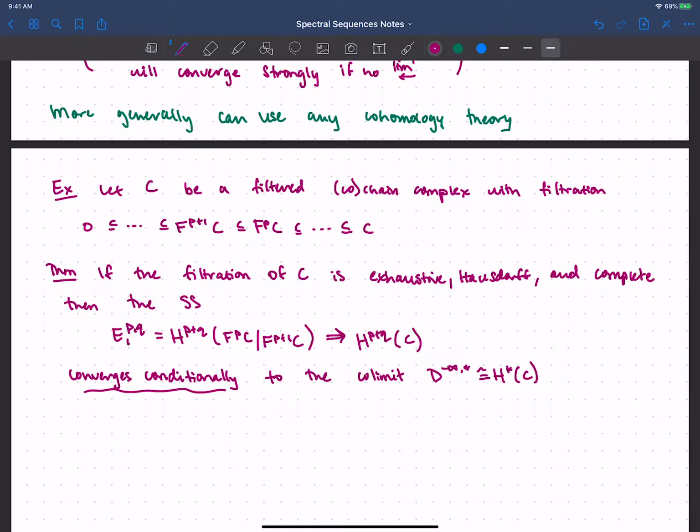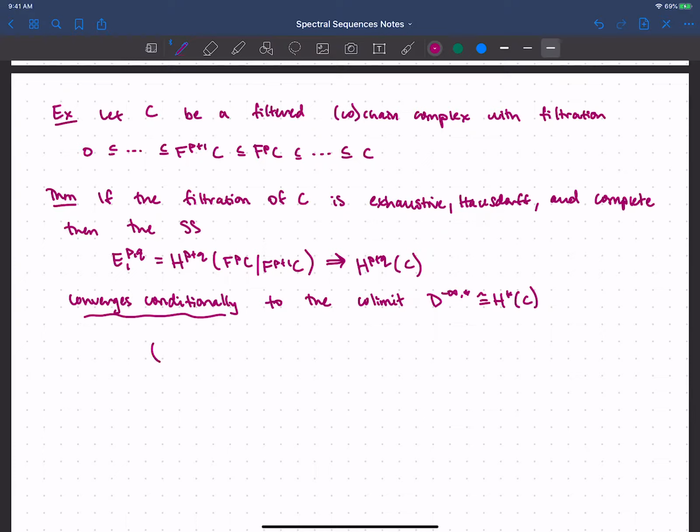So, okay, that's good. Why do we have this converges conditionally? Maybe that's kind of unsatisfying. Well, notice here that we have no restrictions. I just said this is a filtered chain complex. I didn't say anything about the chain complex. So I'm saying this with no restrictions on the boundedness of the filtration. I guess it wasn't any filtration, because it was exhaustive, Hausdorff, and complete.